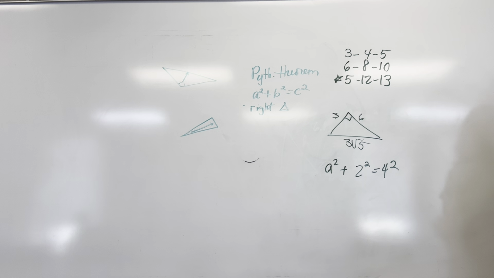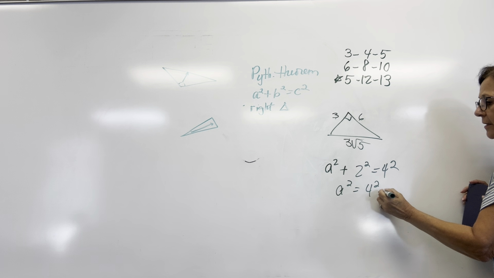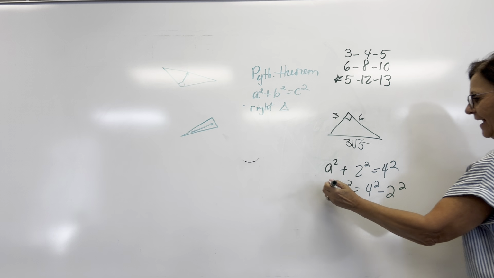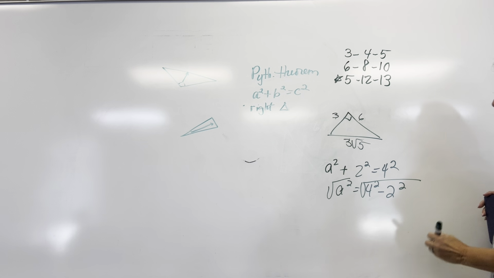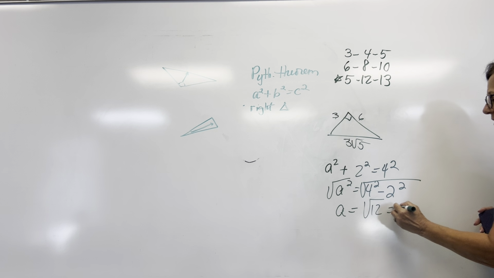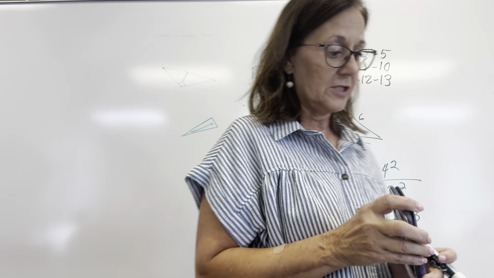So you have subtraction. a squared equals 4 squared minus 2 squared. So it'd be 12. And then you take the square root, which is 2 square root of 3, in its most simplified form.